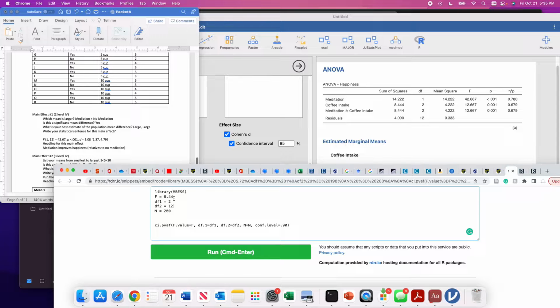Because remember, F is the variance of your effect divided by the variance of error. I haven't even shown you this in a while because we don't need it, but sum squares divided by degrees of freedom equals variance, right? Sum squares divided by degrees of freedom equals variance. These are variance of our three effects, and this is the variance of our error.